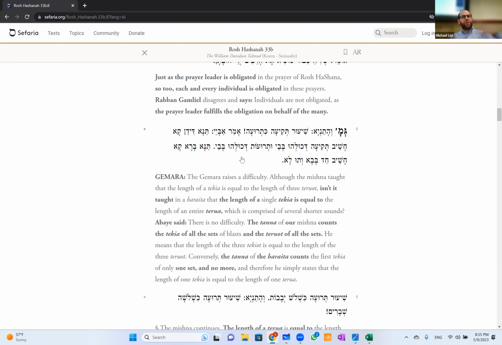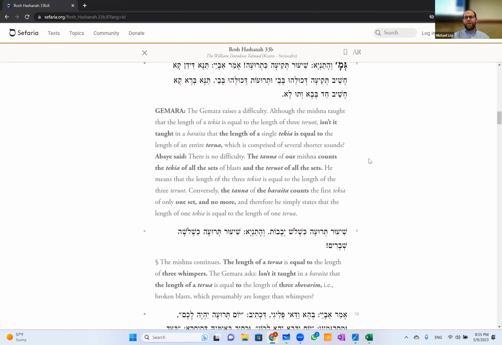I add up all of the Tekiyot, that's equal to all of the Teruot, meaning 3 Tekiyot is equal to 3 Teruot. Tana Bara Kachashiv Chad Baba Betulo. Whereas the Braita is just talking about within one set of 3, its Tekiah is equal to its Teruah. So far, we want to say there's no contradiction.